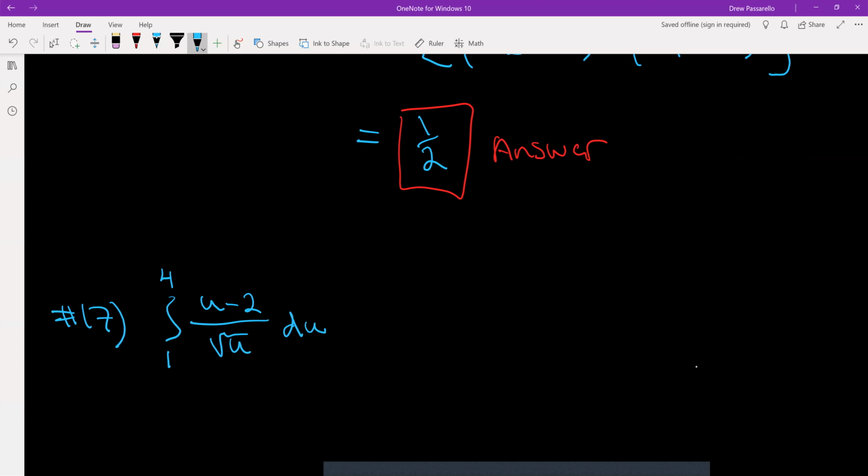All right, so u minus 2 divided by the square root of u. Now this is a case where I need to rewrite first so that I can make use of the integration rules.